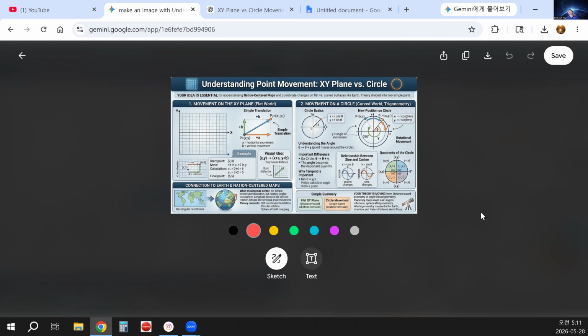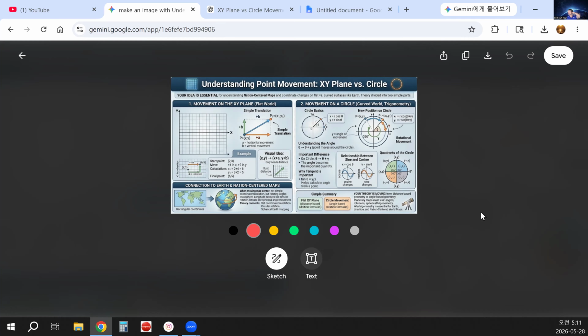This is a much more difficult part for learners, to understand the point changing, going round the circle, and how the point changes.